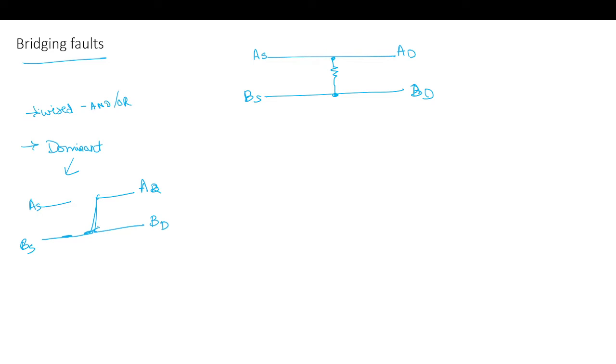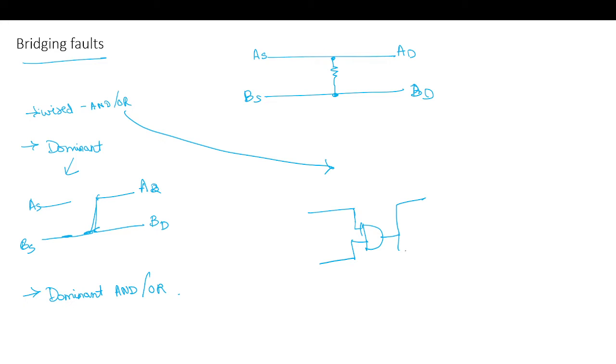Or here again there can be a combination of AND or OR, so we can also have a fault with dominant AND or OR. Now this wired AND: this resistance or this material can do the function of an AND gate and give that output to the destination.